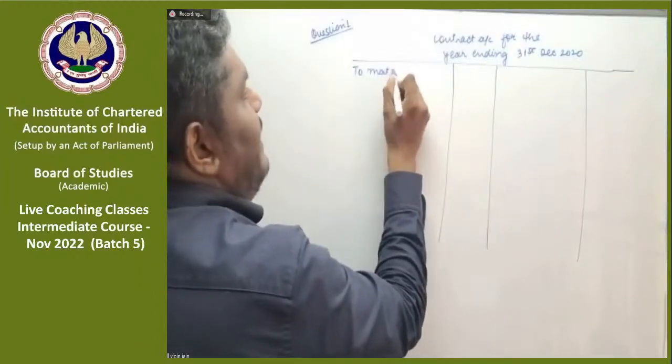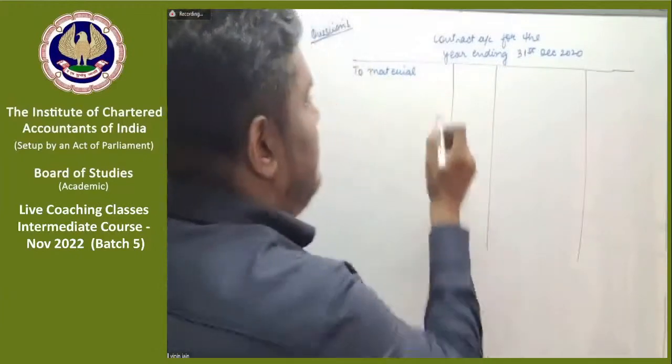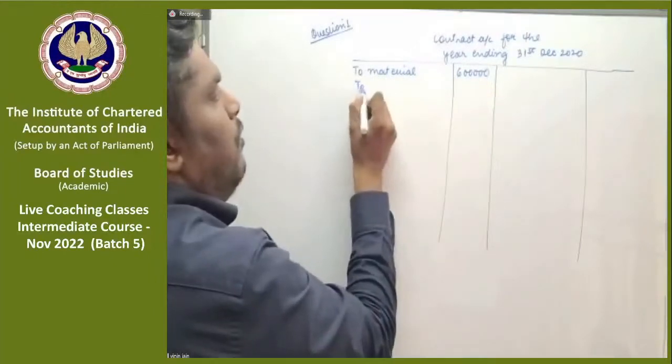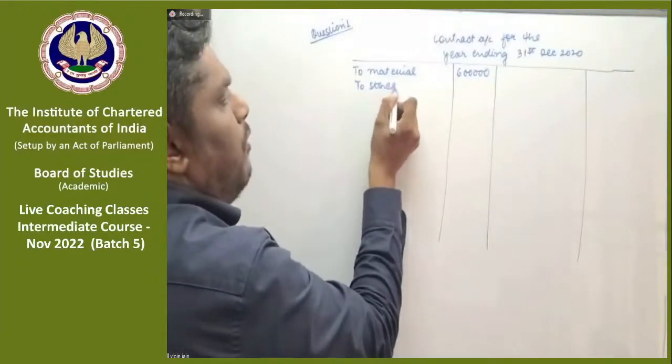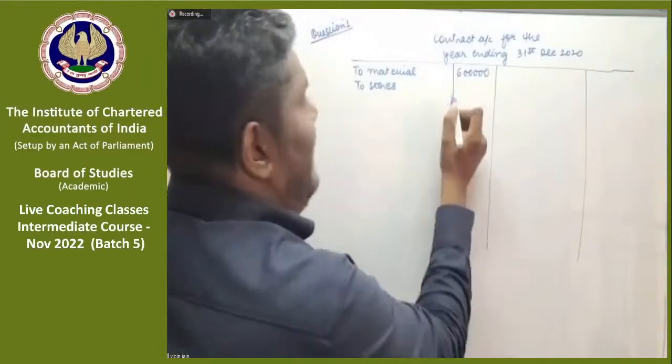To material purchased, it is 6 lakh. Some material is supplied from the stores, that is 1 lakh rupees.